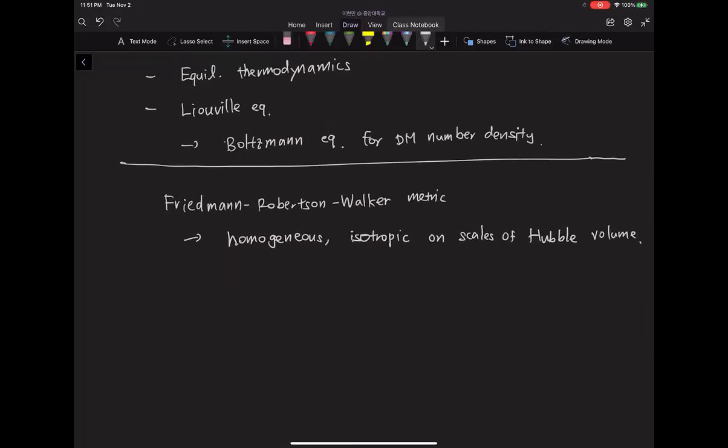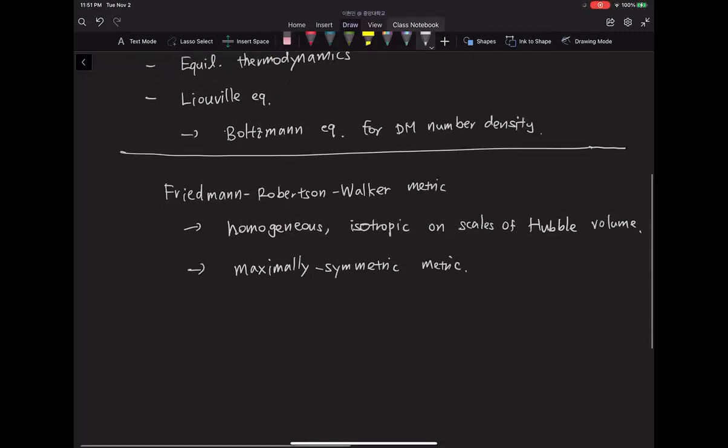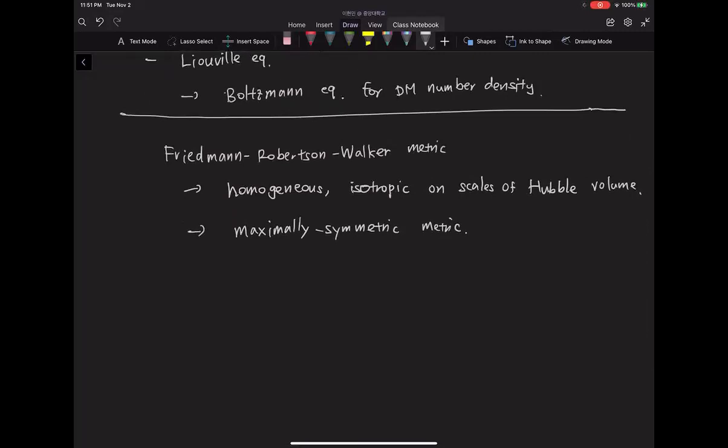So homogeneous and isotropic, and on average, we need to introduce a maximally symmetric metric. This homogeneous and isotropic universe was initially proposed based on the cosmological principle.